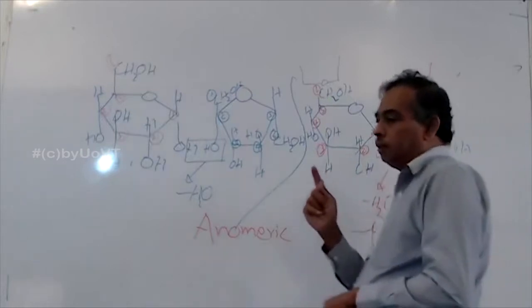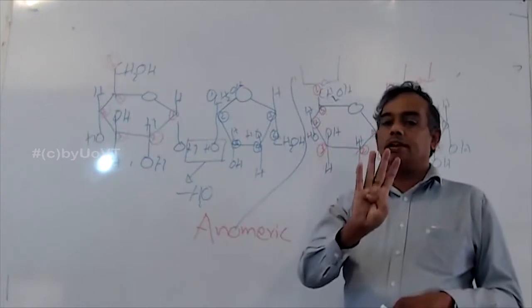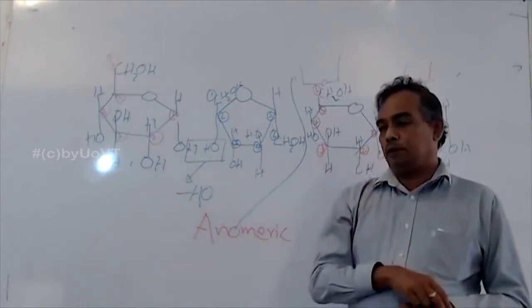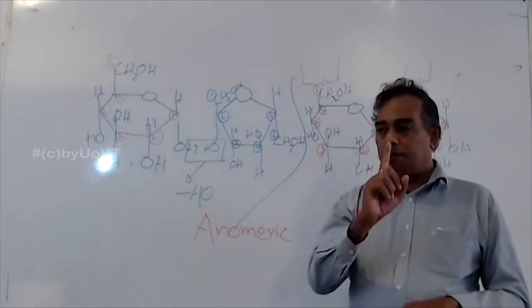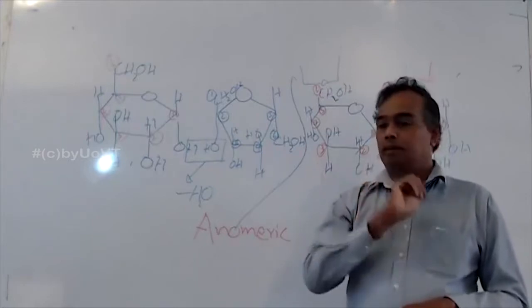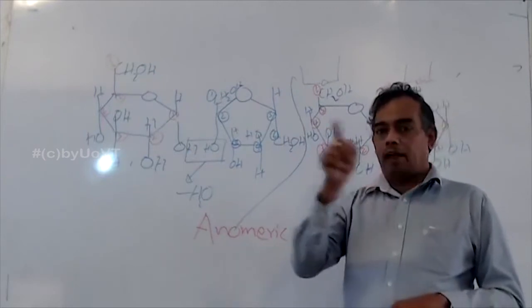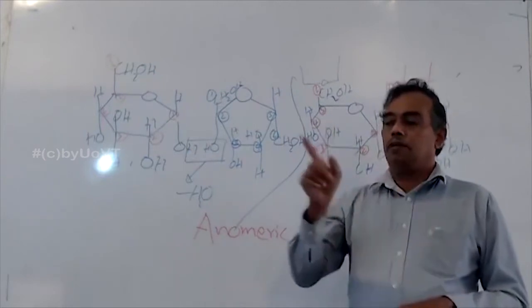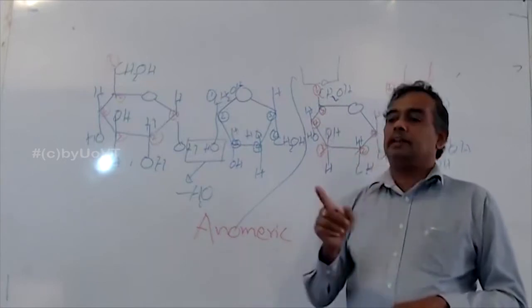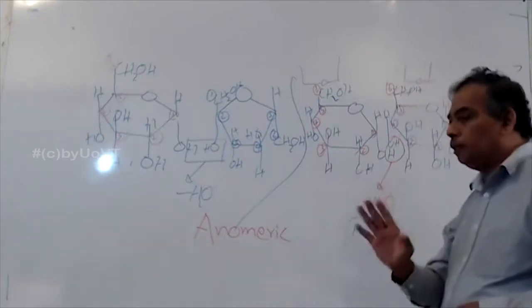The first carbon of the first glucose molecule joins with the fourth carbon of the second glucose molecule. That means a 1-4 linkage, and a 1-4 linkage means there is a free anomeric carbon available.